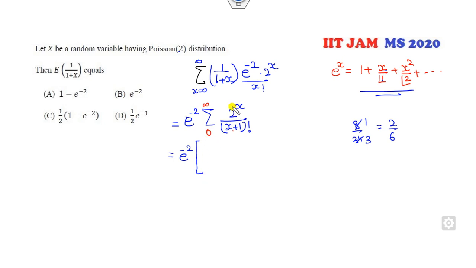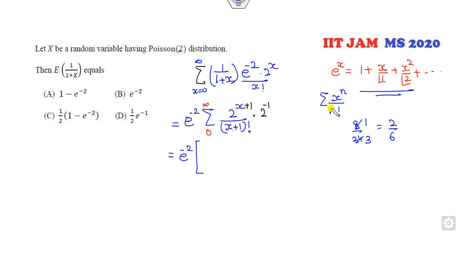This is e raised to power x. Okay, I can see here, it is generally x raised to power n over n factorial. So what I can do, I can simply add plus 1 and 2 raised to power minus 1 here.